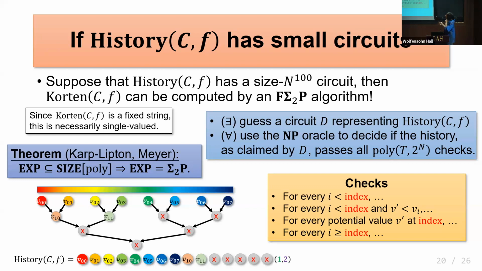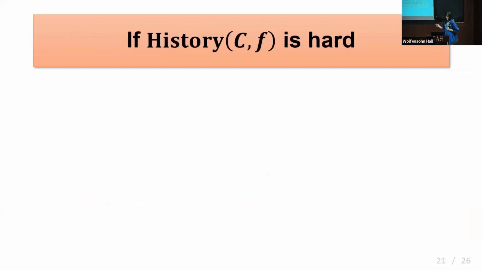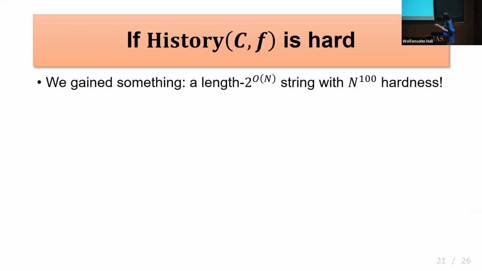It's morally similar to the Karp-Lipton theorem. But what if the history string is hard? It's not just morally similar, it's the same proof. Oh yeah, the proof is the same. So you guess the circuit and verify.